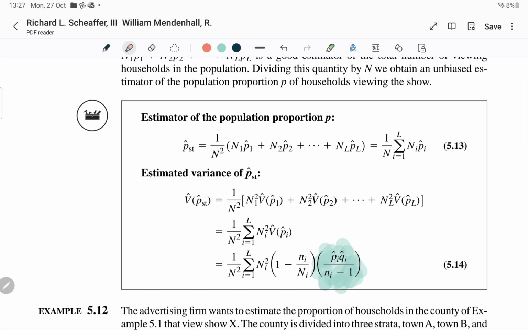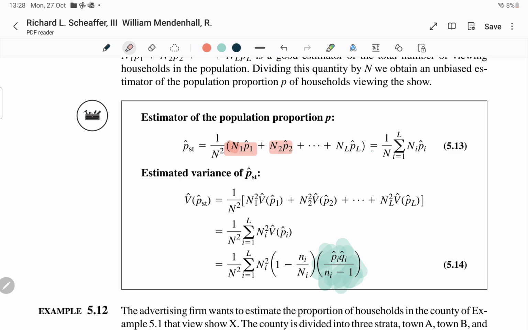This formula will be used to estimate the proportion when your proportion is given in the form of strata. So you have been given P1 hat, P2 hat, P3 hat, and you will place all those values here, because you have N1, P1, N2, P2 until P4.